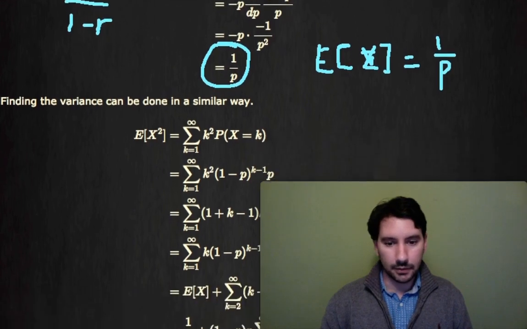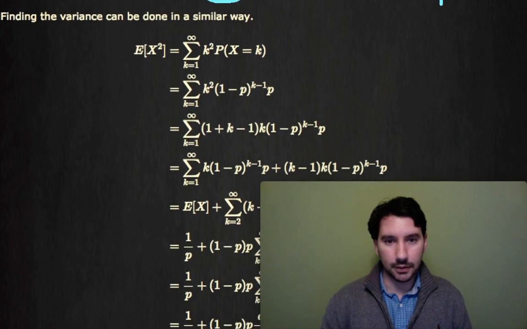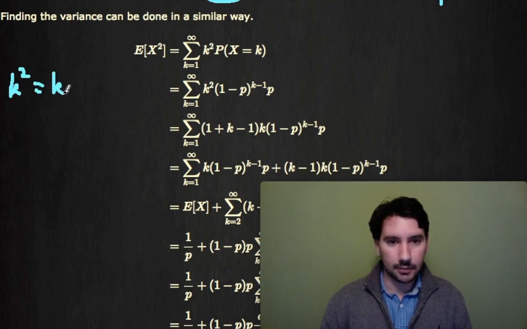To find the variance, we need to find the expected value of x squared, and it's done in a similar way to the expected value of x. So we're looking at the sum from 1 to infinity of k squared times the probability x equals k. And again, the probability x equals k is (1 minus p) to the k minus 1 times p. And here we're going to write k squared as k times k, which is also (1 plus (k minus 1)) times k.